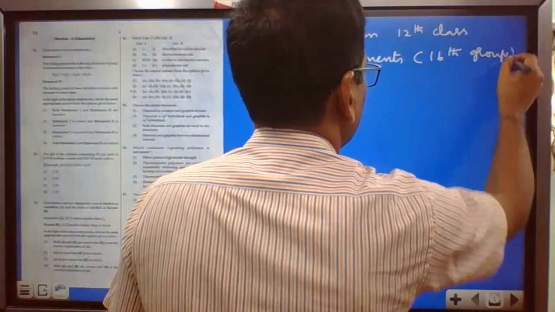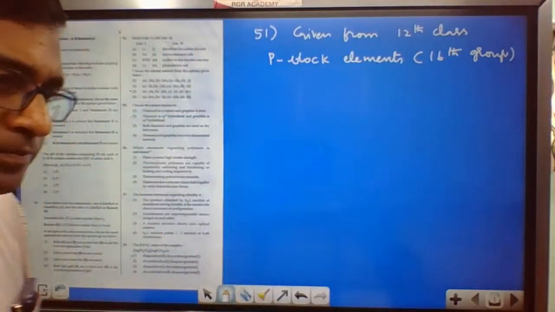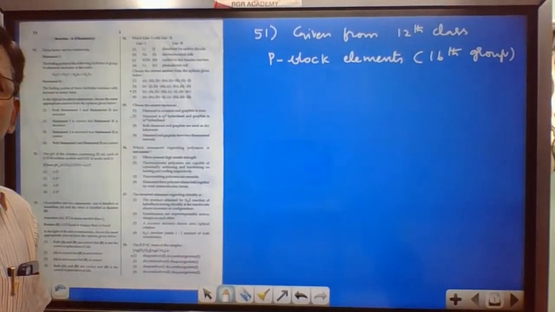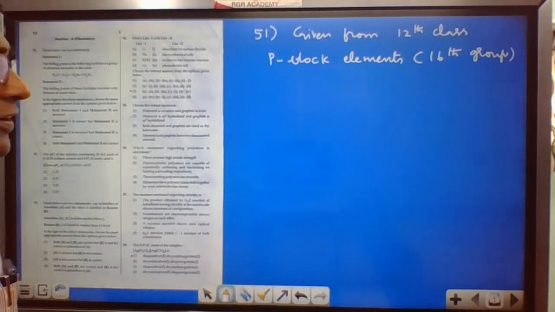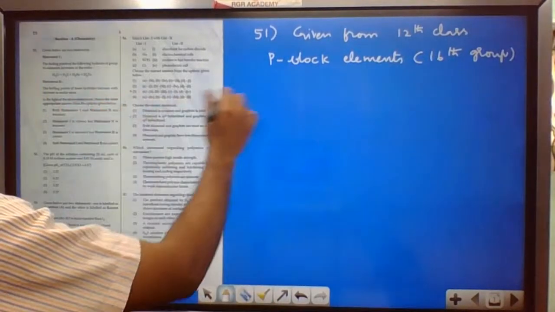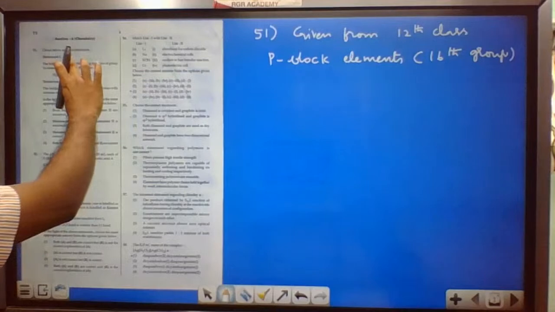In 12th class you have 4 P block groups: 15, 16, 17 and 18. You see that statement 1.